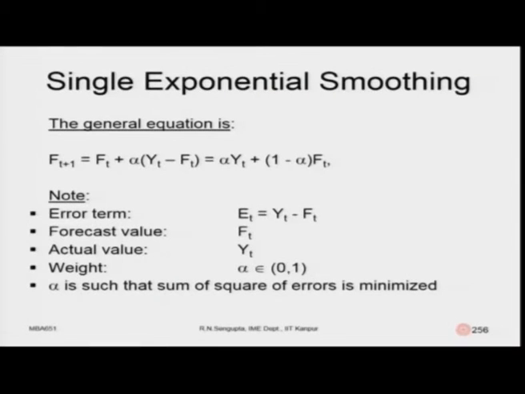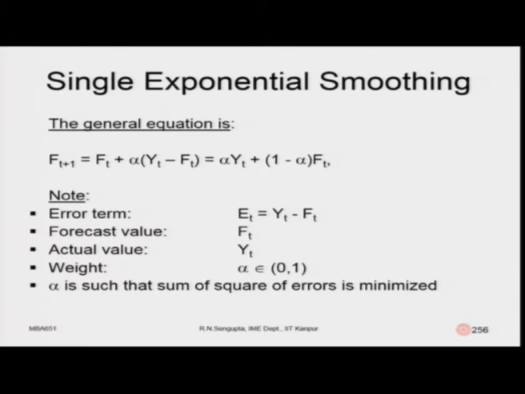So, if it is f t plus 1, that means for t plus 1, at t period the forecasting is being done, it will utilize the forecast for the tth period, 1 period back, and the error of 1 period back.